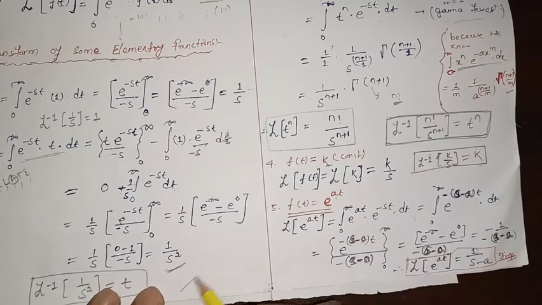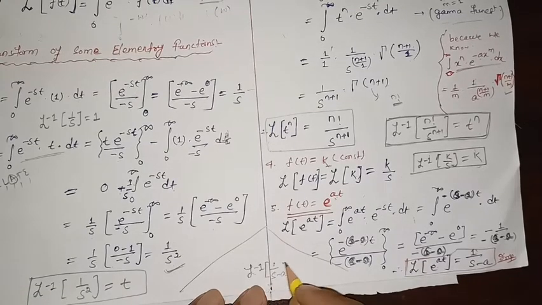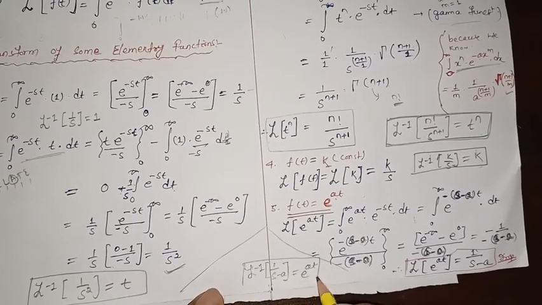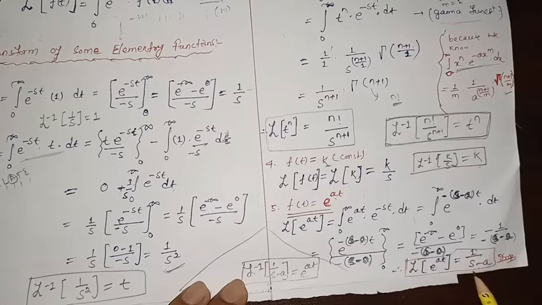Similarly, the inverse Laplace transform of 1 by s minus a, if we want to find it, this value will be e to the power at. So you have to remember this one and this one also: the Laplace transform of e to the power at is 1 by s minus a, and the inverse Laplace transform of that gives e to the power at.